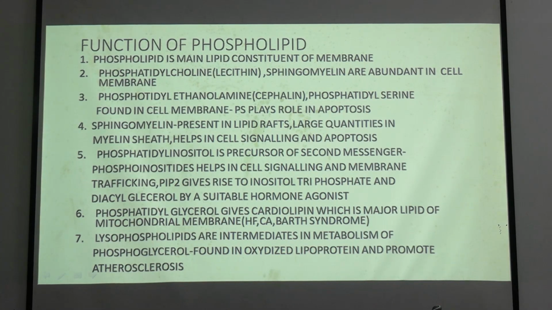Phosphatidylglycerol forms diphosphatidylglycerol, which is cardiolipin, a major lipid in the inner membrane of the mitochondria. If cardiolipin is defective, it gives rise to heart failure, cancer and Barth syndrome.